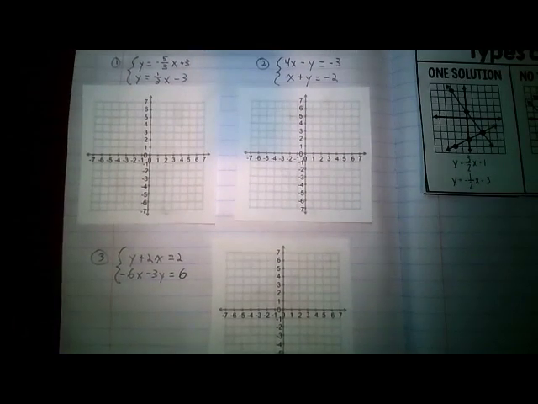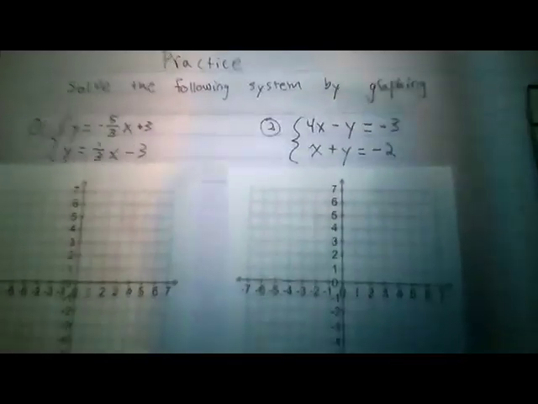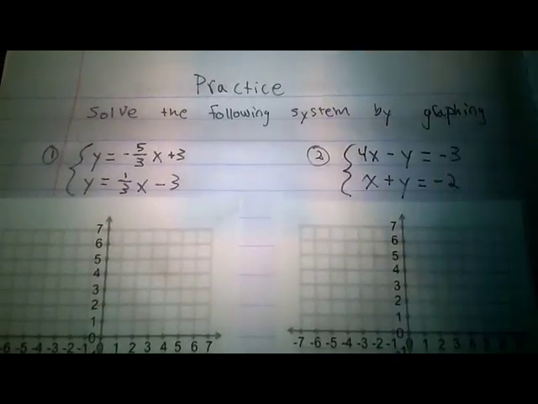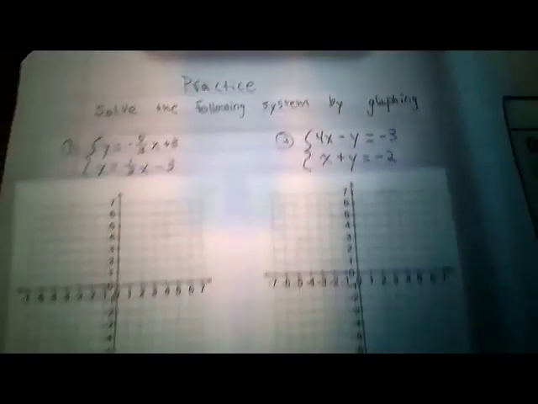And the bottom one is y plus 2x equals 2, and negative 6x minus 3y equals 6. And I'll just zoom in here to those. Make sure you can see them okay. And when you've got these 3 systems graphed and you have their solutions, please go show your teacher.